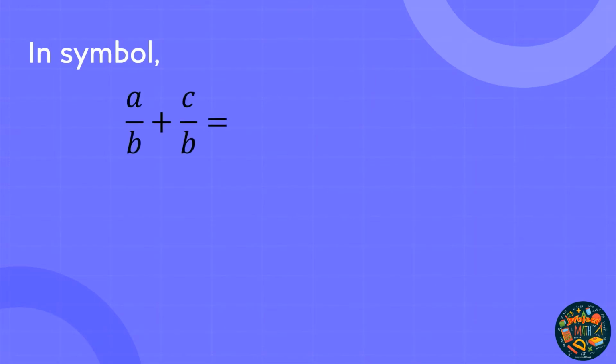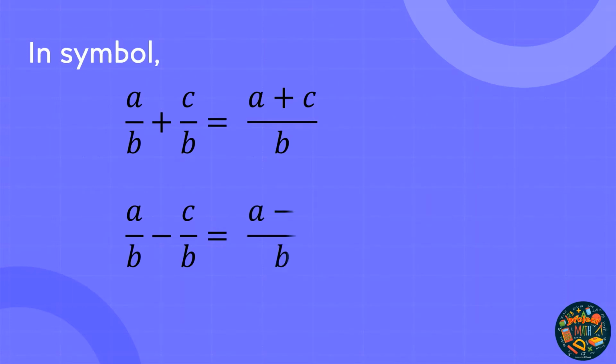So in symbols, we can represent it as A over B plus C over B, which is equal to A plus C over B. And A over B minus C over B is equal to A minus C over B. Take note that B must not be equal to 0. In case that B becomes 0, the expression will become undefined.